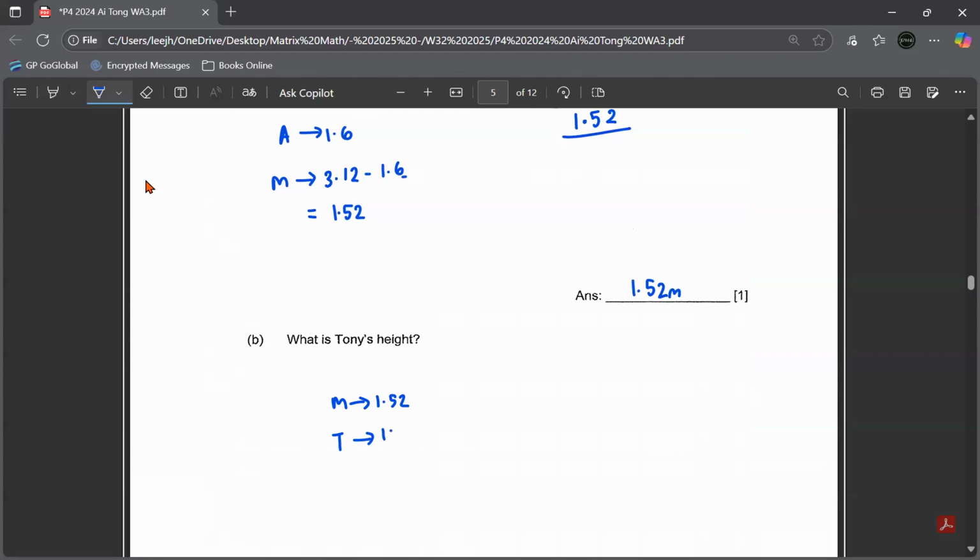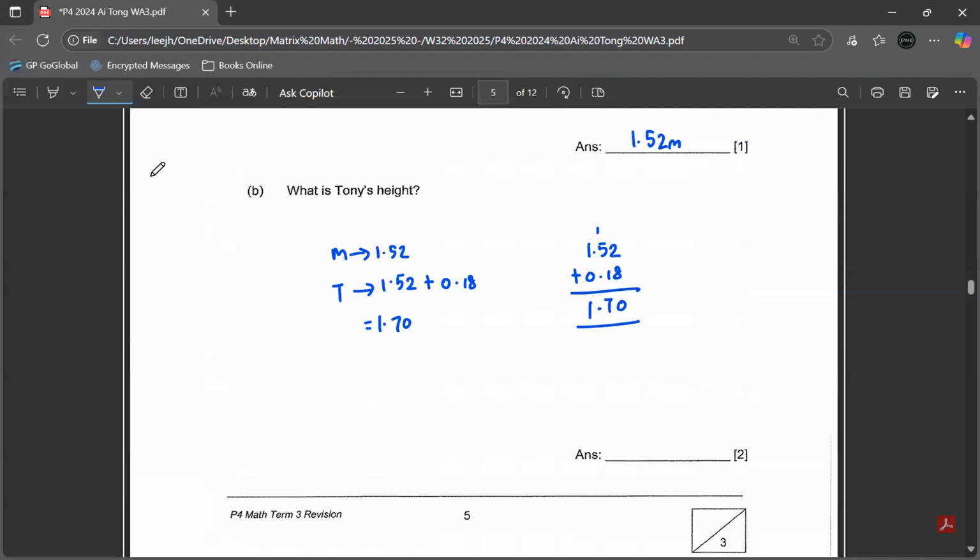So I just take 1.52 plus 0.18. Work out your answer. 2 plus 8, 10. This is 5 plus 1, 6 plus 1, 7. Decimal. Then the 1. It's 1.70 meter. But sometimes some of you actually write 1.7, also can. Okay, but for me, I just follow lah. So 1.70 meter. Okay.